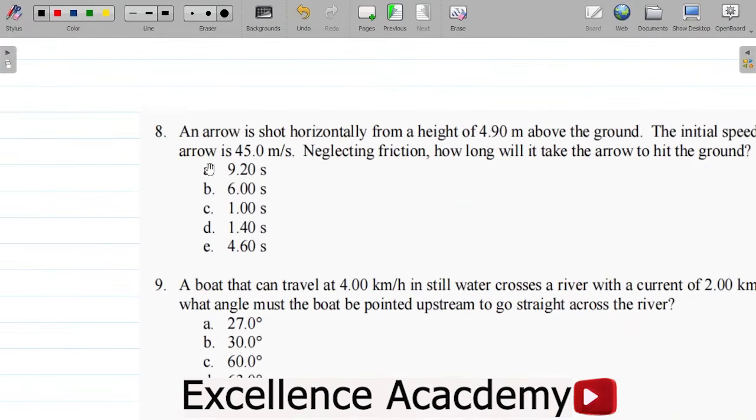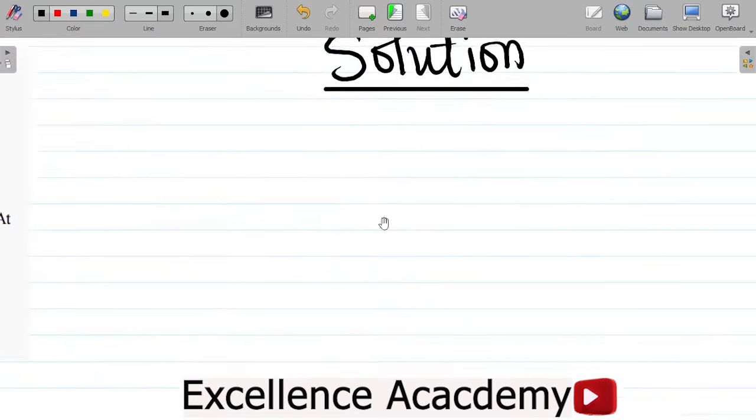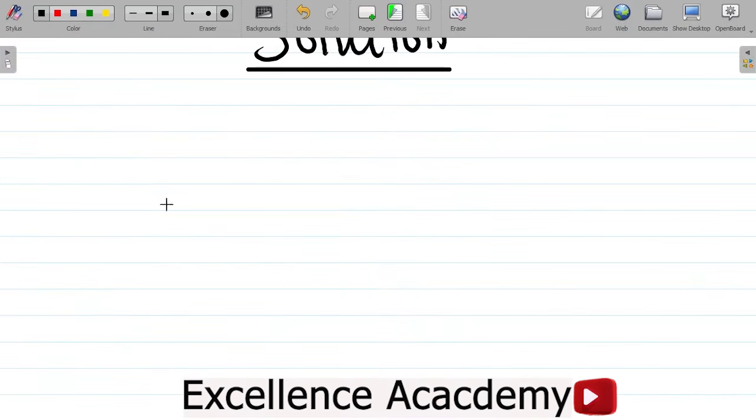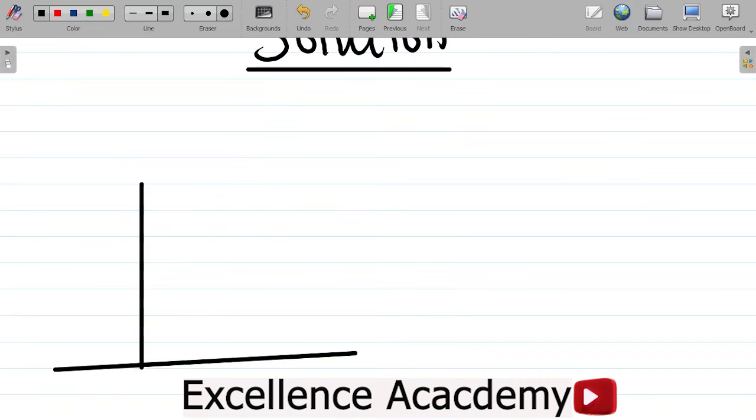First, they said an arrow is shot horizontally from a height. Let's create the height and shoot the arrow horizontally. I'll call this my ground level.